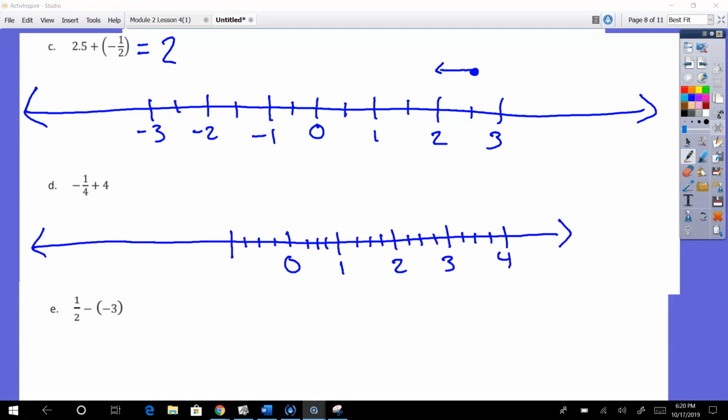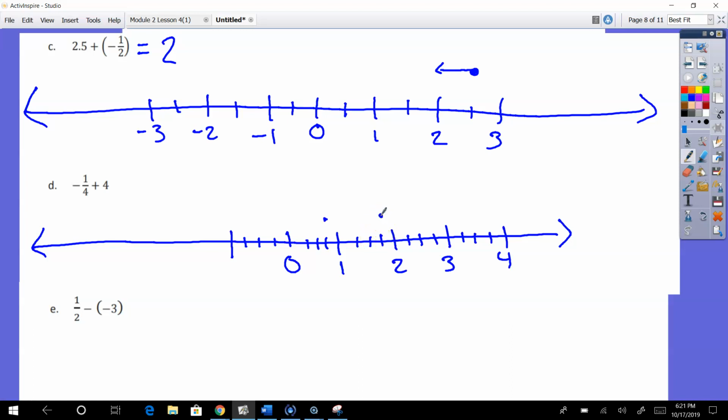Okay, so our line is broken up into fourths. If we're at -1/4, we are right here, and then we've got to go to the right 4. So from -1/4, we're going to go to the right 1/4, 2/4, 3/4, 4/4.